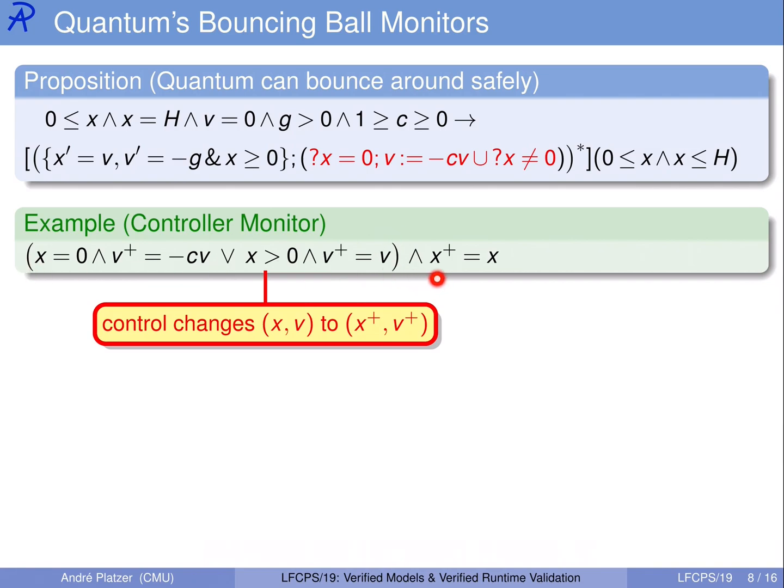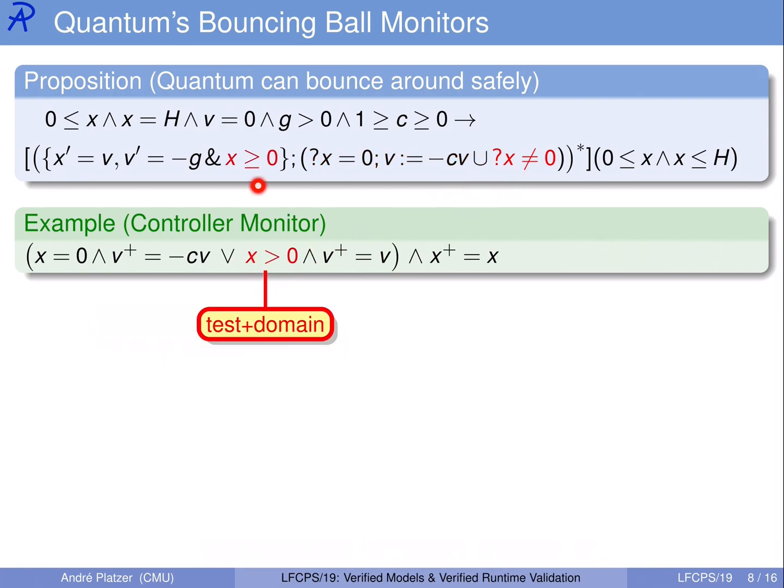And in any case, the position is identical to the old one, because this discrete controller doesn't change the position. Why did I write x positive when here it says x not equal 0? Well, because the ODE's evolution domain constraint says we've got to be above ground while we're bouncing around. So if we're above ground but apparently not on the ground, we have to have been at a positive altitude.